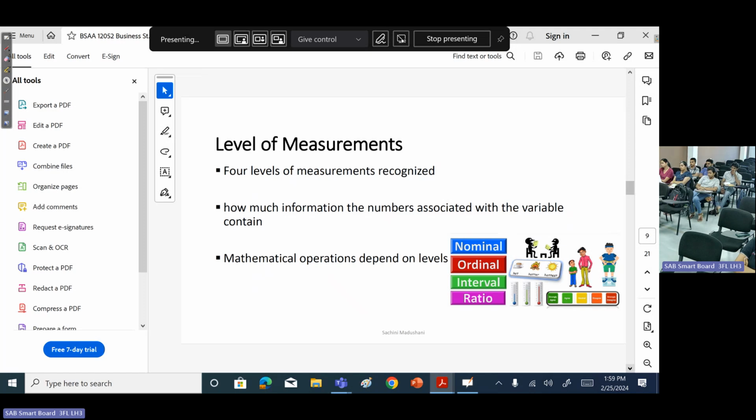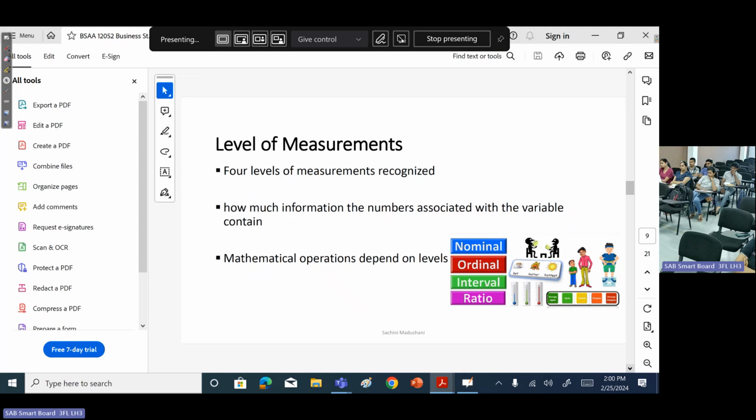These are the 4 levels of measurement: nominal, ordinal, interval, and ratio. Normally in the SPSS software, the software identifies only 3: nominal, ordinal, and scale, where interval and ratio are together. Understood?